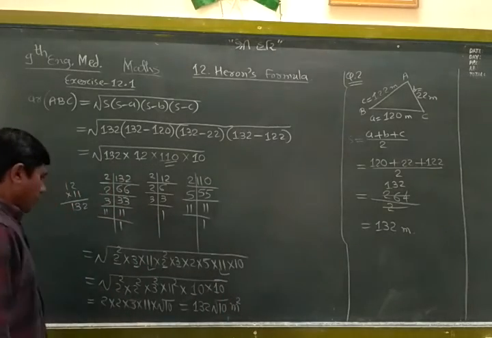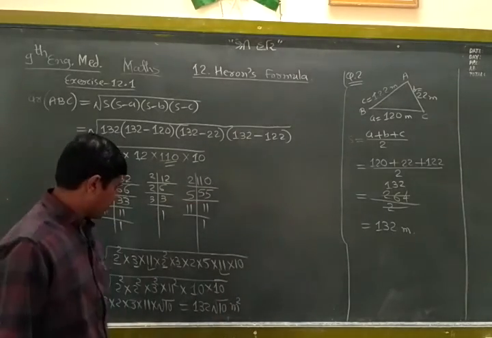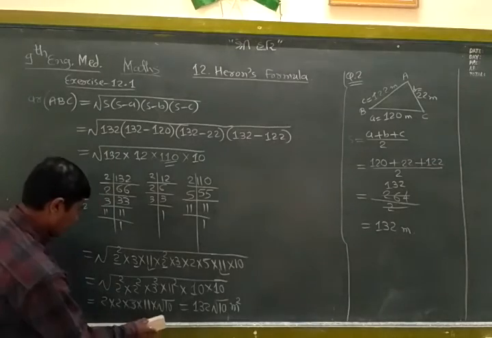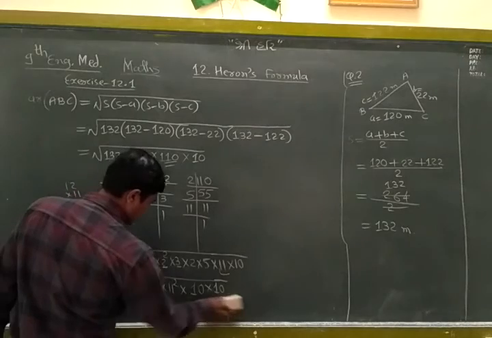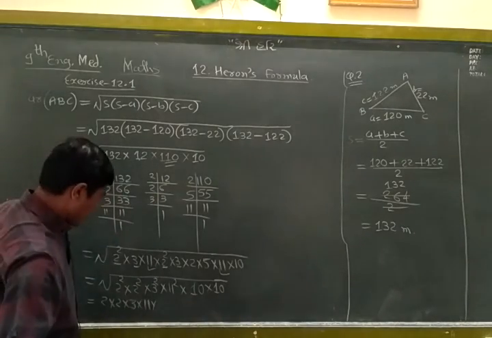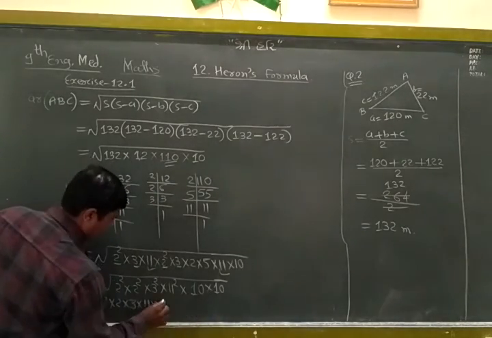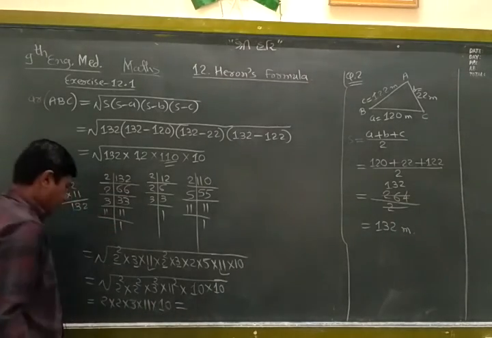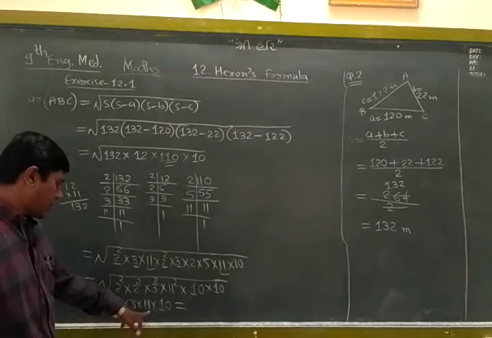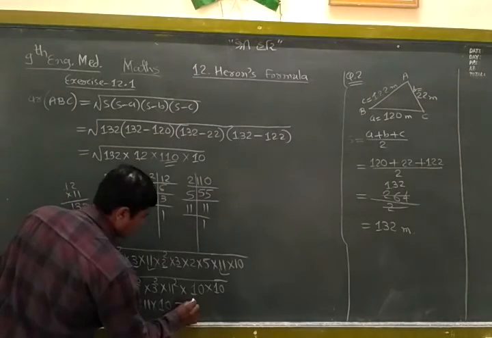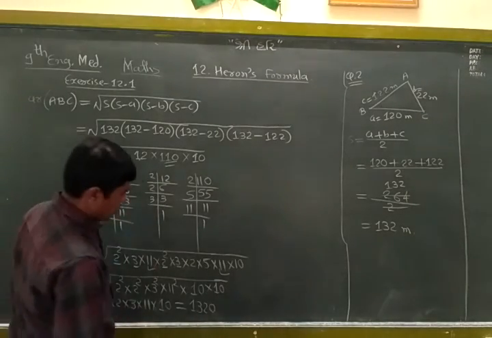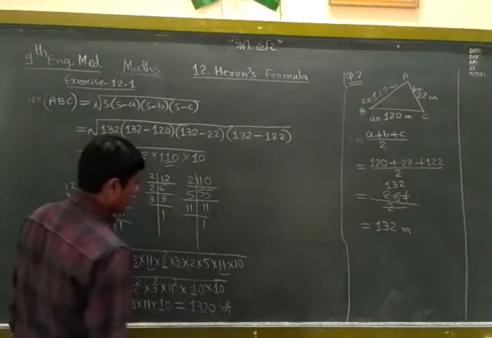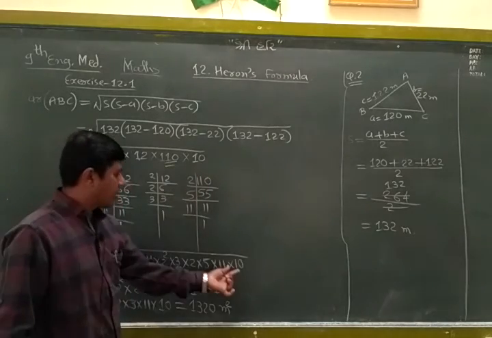Okay, because 10 is remaining in the factorization. So here 10 square, so square root 10. So the answer: 2 twos are 4, 4 threes are 12, 12 into 11 is 132, 0, that is 1320 meter square. Okay, because this 10 is remaining also.